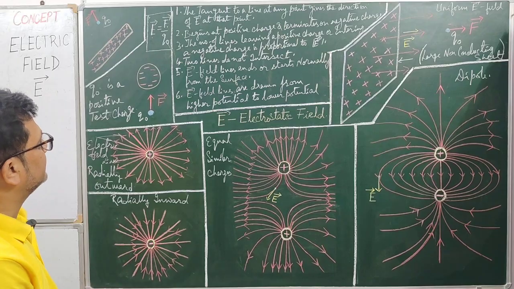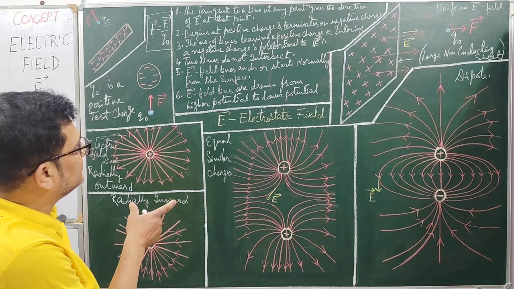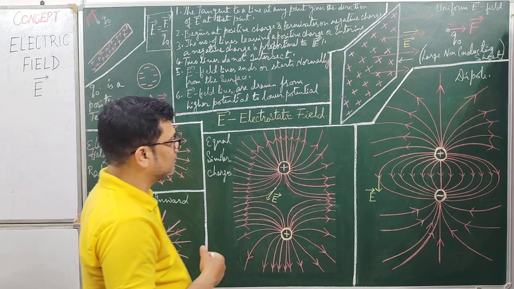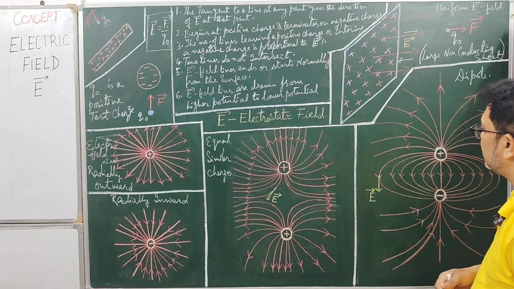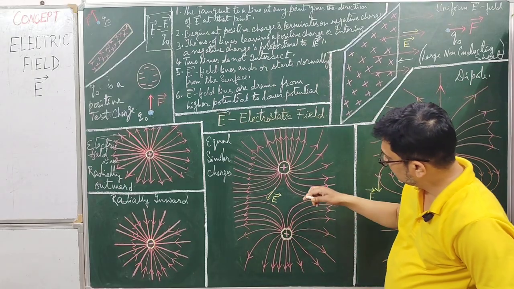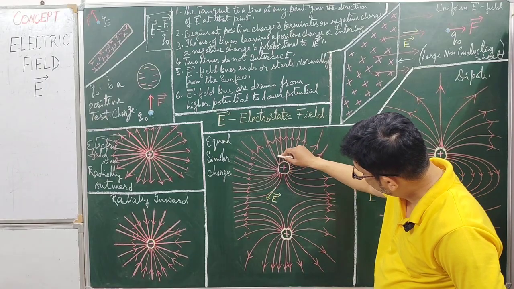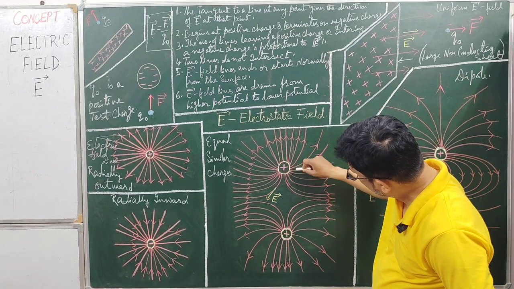The third property says the number of lines leaving a positive charge or entering a negative charge is proportional to the magnitude of the electric field. So what does it mean? It means that if you have this charge, if you look carefully, it's quite dense.